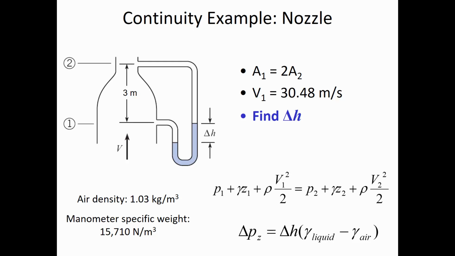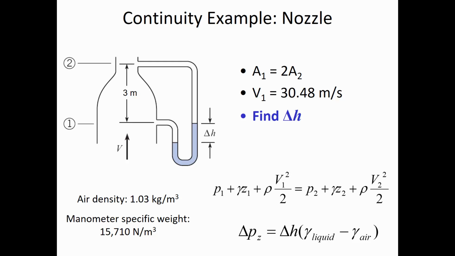So what this is saying is that if you have P sub z1 minus P sub z2, then you get delta H times gamma of liquid minus gamma of air. So this manometer is telling you the change in piezometric pressure between 1 and 2.